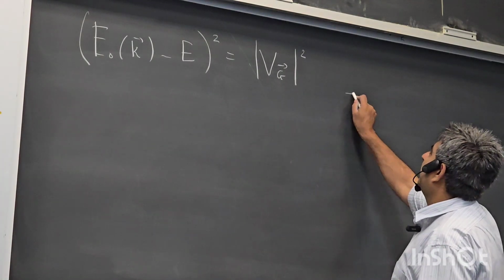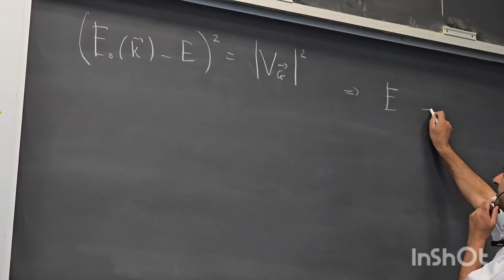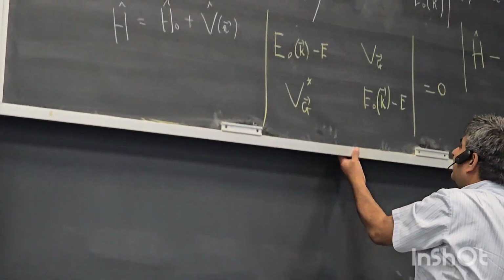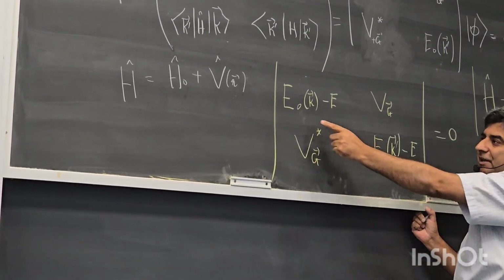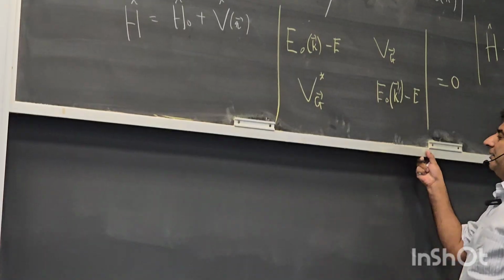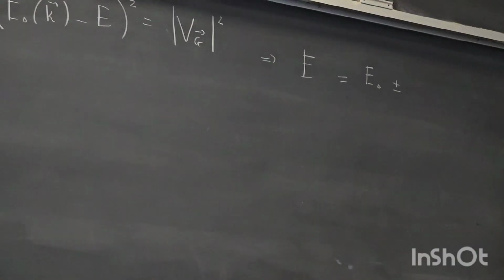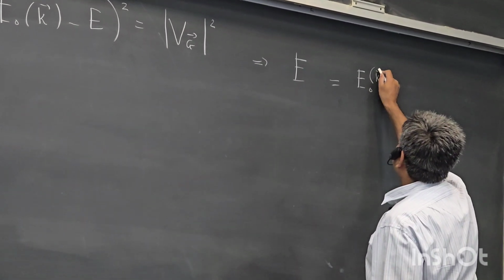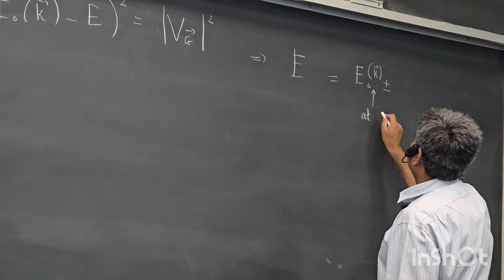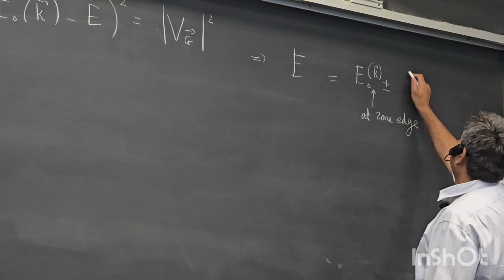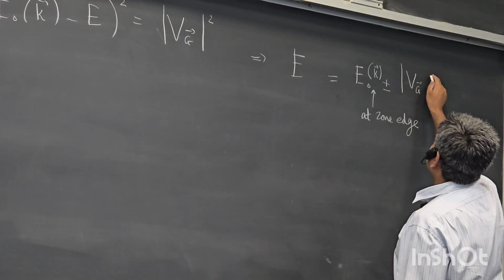So this means that the perturbed energy will be the unperturbed energy. Remember that this is the energy at K plus G, which is the same as this energy. So after perturbation, this would become E naught computed at the zone edge, please keep that in mind, plus minus Vg.